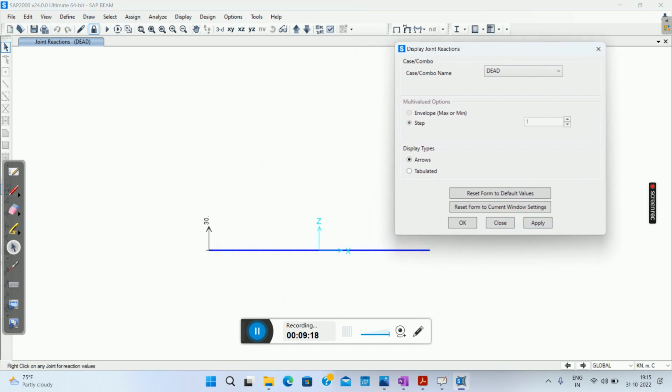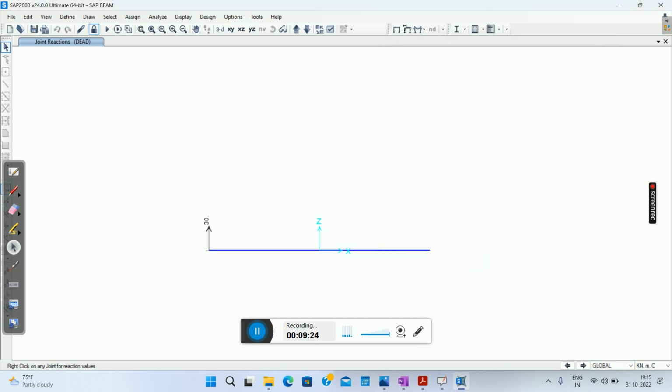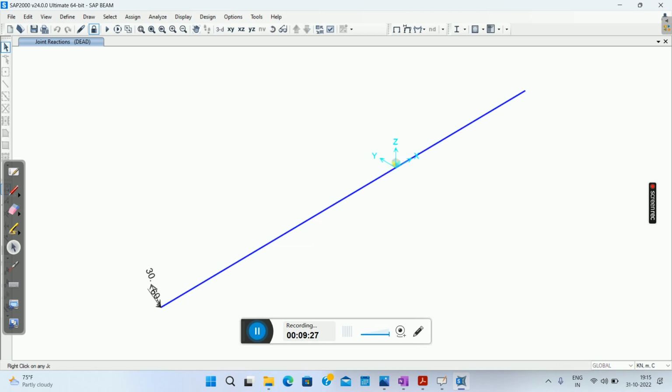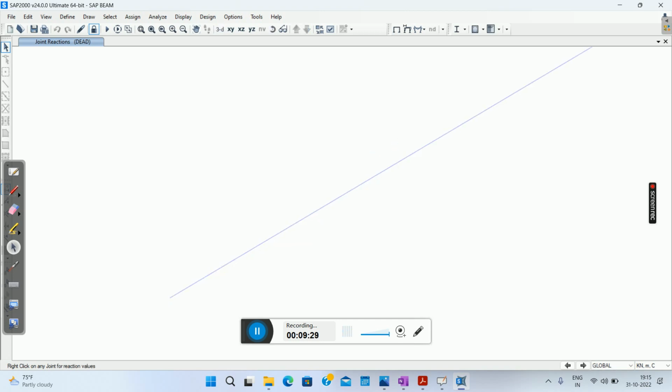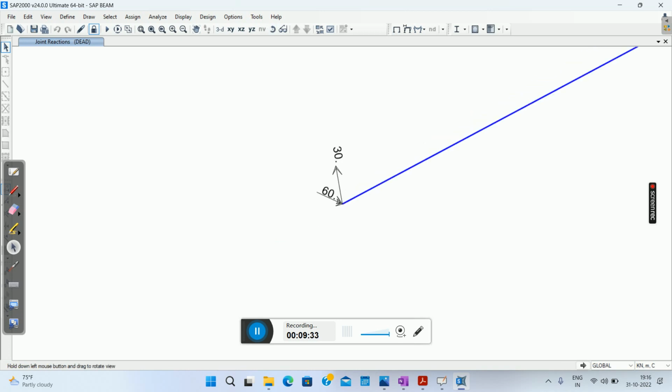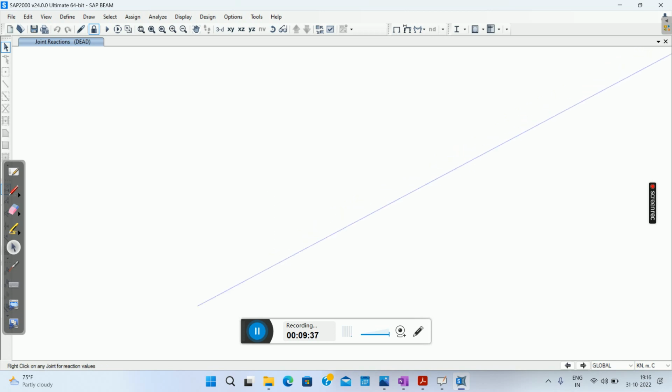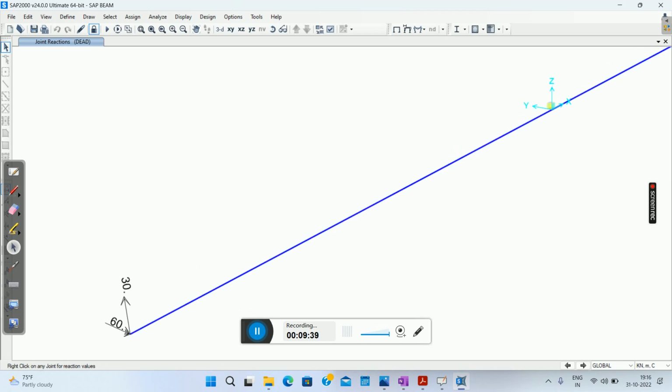See here. Here the vertical reaction is 30 kilonewton. Close this. See here, moment. So it is 60. So now it is clearly visible. So vertical reaction is 30 and the reaction due to moment, it is 60.